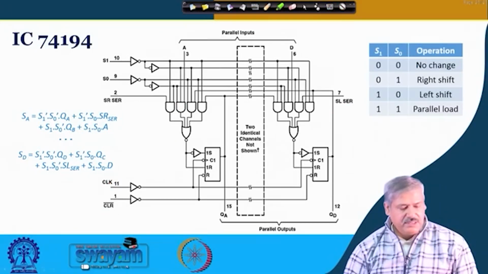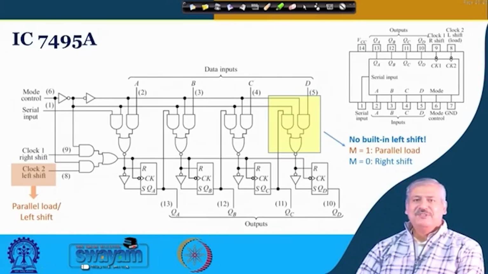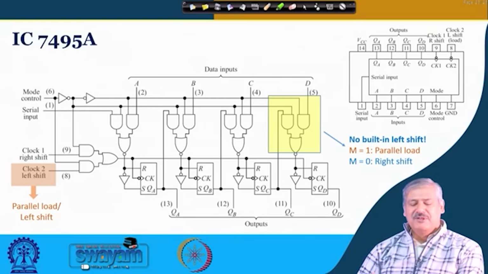So, now we understand how this universal shift register works, but one IC that is often used in the lab is IC 7495 or 7495A, okay, and it is not a universal shift register if you look at the built-in things that are available, unlike the previous one that we just discussed.